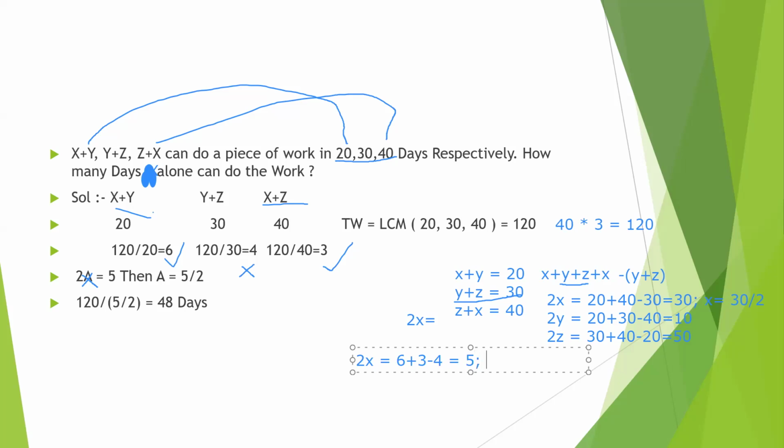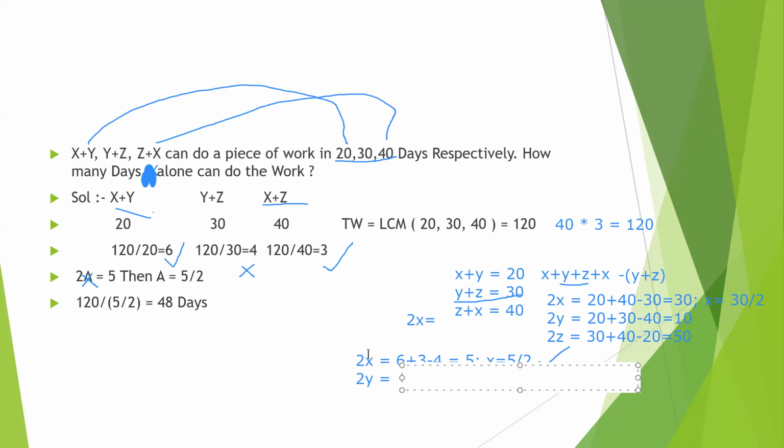That implies x equal to 5 by 2. In the same way, we have to find y. This is a one day work. One day the x can do the work. In the same way, we have to find y and z. Where the y is present, first one and second one.